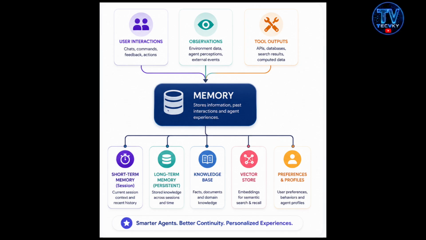Vector stores help find information based on meaning rather than exact keywords. For example, payment timeout issue: the system can retrieve related incidents even if the exact words are different. Okay. Preferences and profiles. Memory can also store user preferences and profiles. This allows AI systems to personalize responses and automate repetitive decisions.